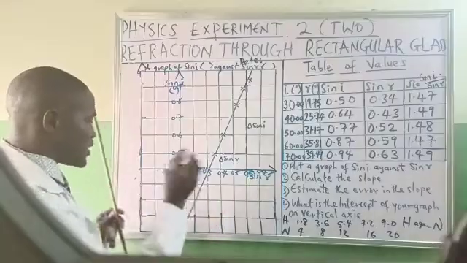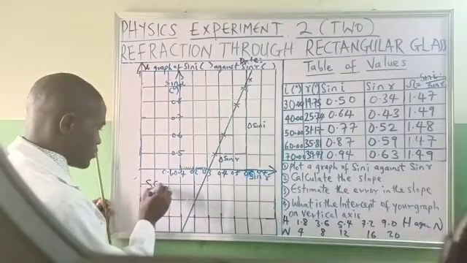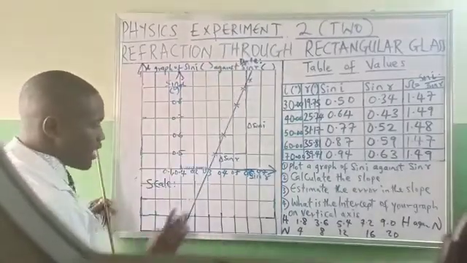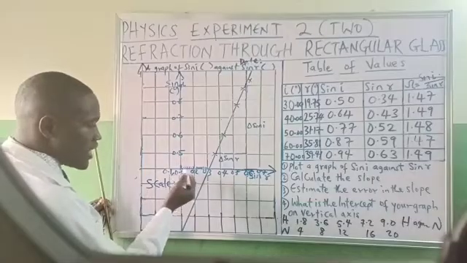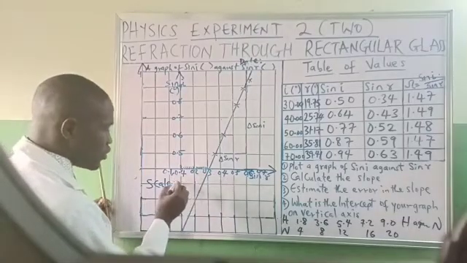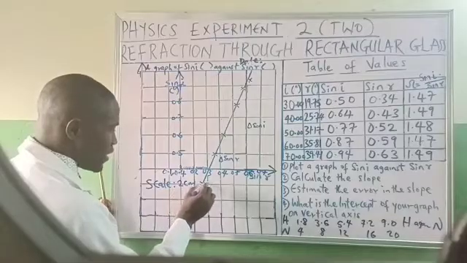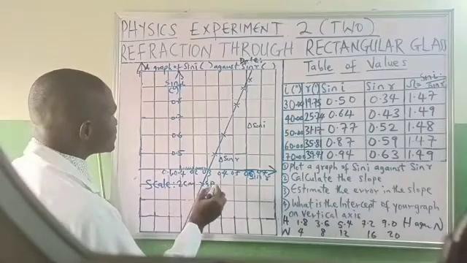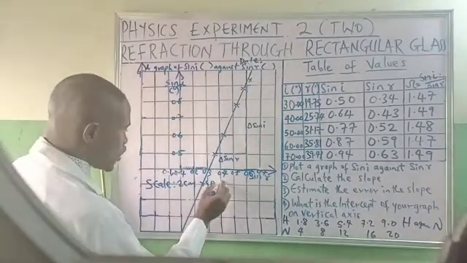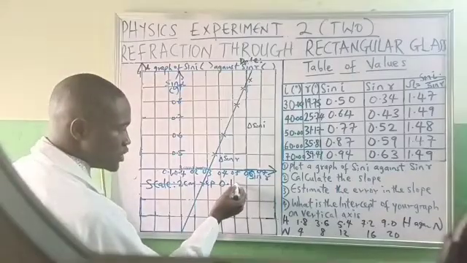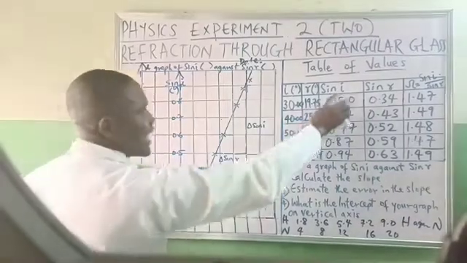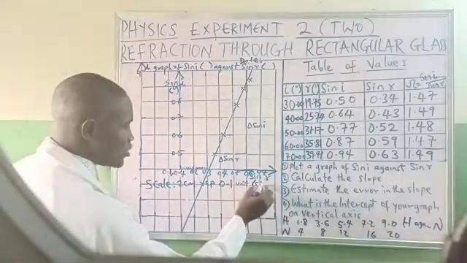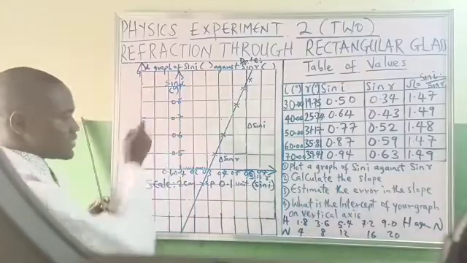You have to write your scale. Don't forget to write your scale, either on the top or on the bottom part of the graph sheet. Now the scale here: each of these big boxes is 2 cm. 2 cm represents 0.1 unit for the vertical axis, no unit attached to it, because sin I has no unit. That is for the sin I axis.